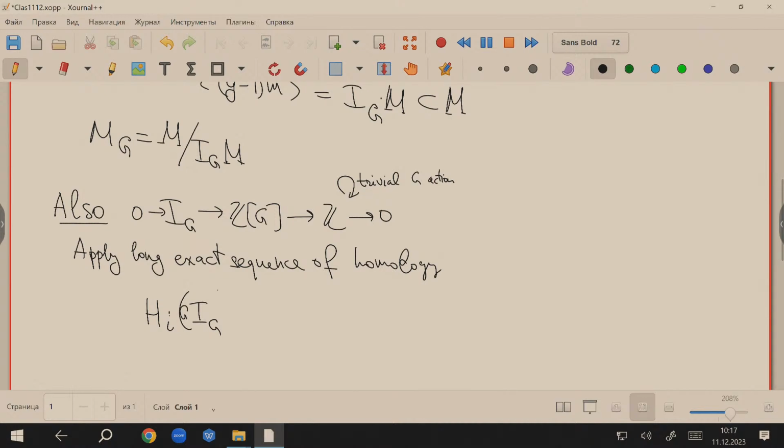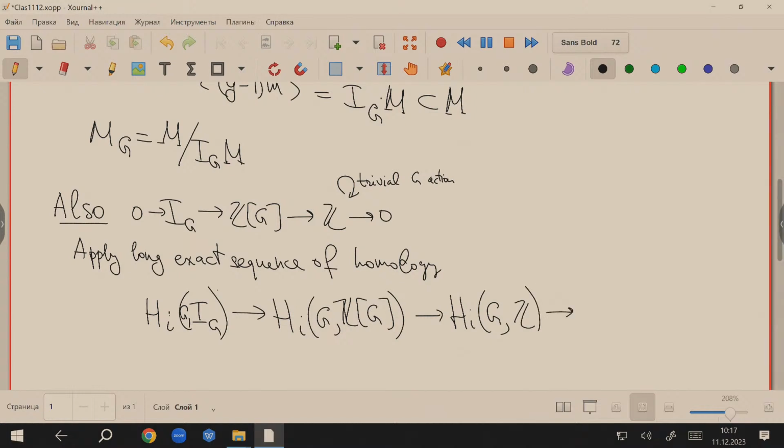So it maps to H_i(G, Z[G]). It maps to H_i(G, Z).